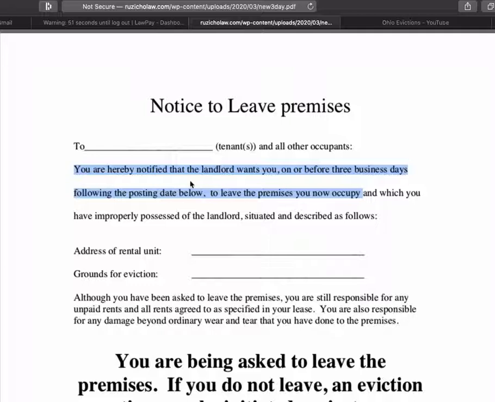If there's any doubt whether the tenant has moved out or not, you should proceed with the eviction process.